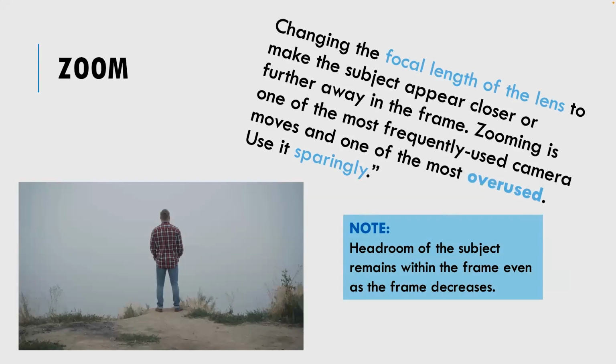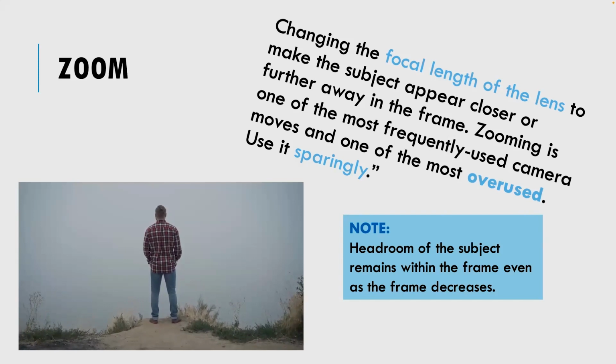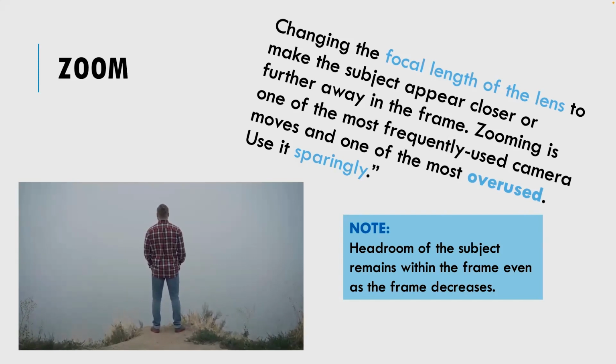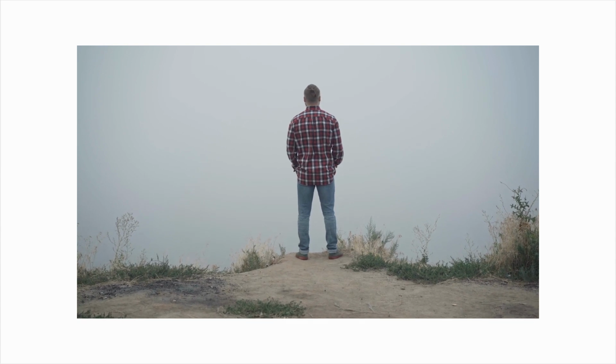As we watch this clip, I want you to pay attention to the headroom of the subject. Notice that the headroom, while it adjusts somewhat, it generally remains the same or keeps the subject in frame as the frame size decreases. So here we go. This is kind of a slow zoom.